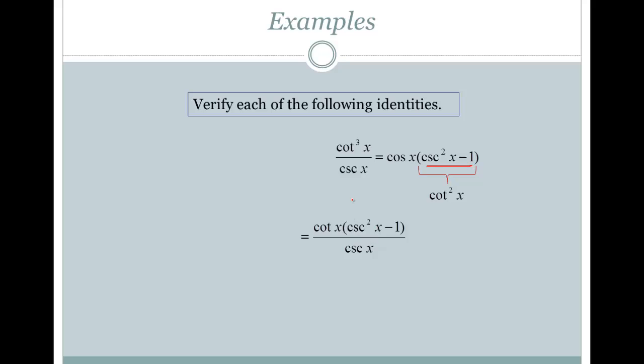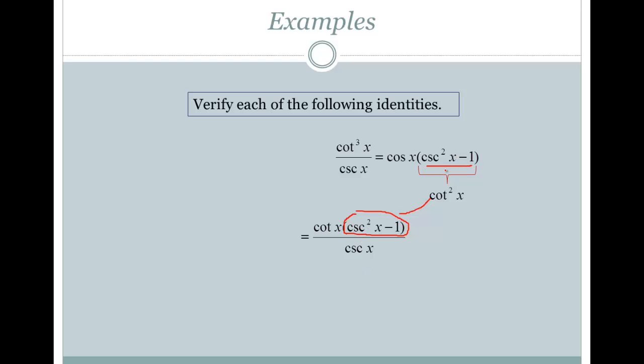This term right there is cotangent squared. So this expression is cotangent cubed x over cosecant x. I'm working on the left-hand side of the equation here. I'm going to leave this part here because it's already in my answer.